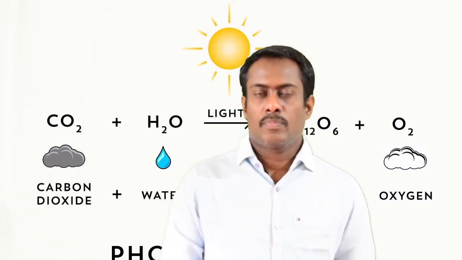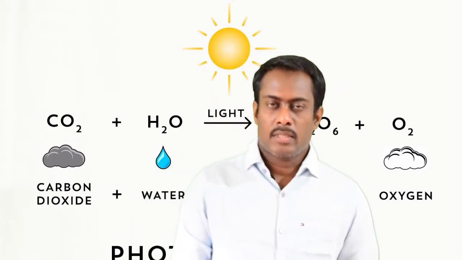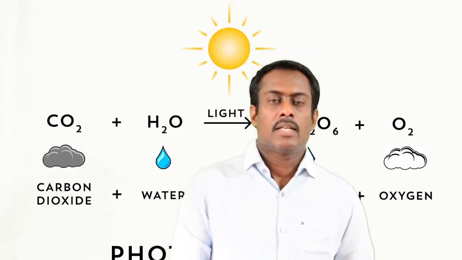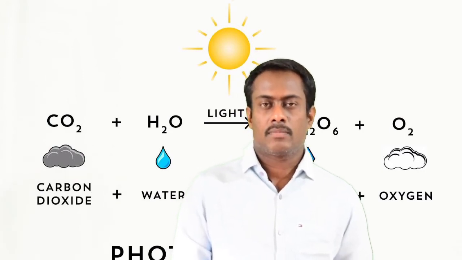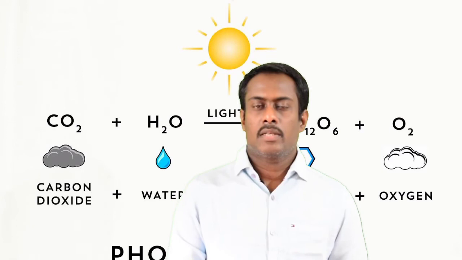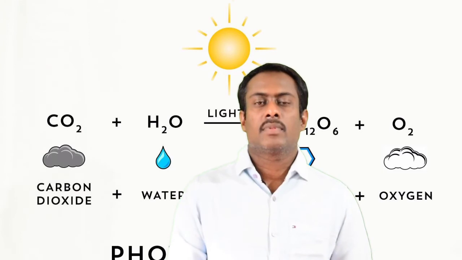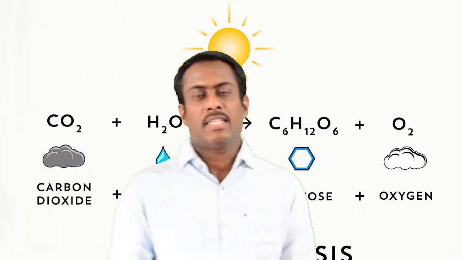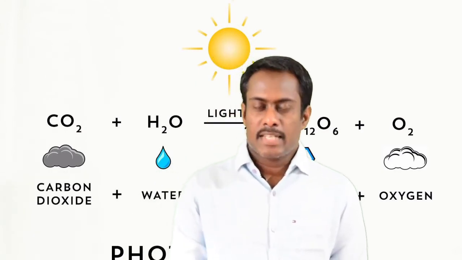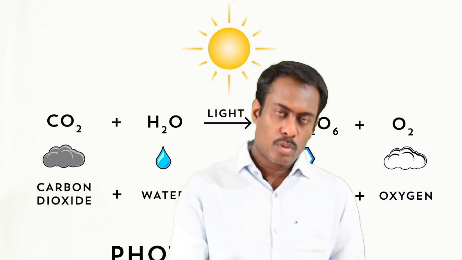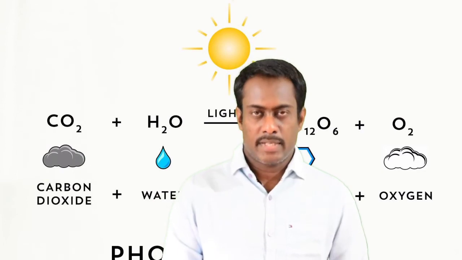The green plant uses carbon dioxide from the atmosphere, water and minerals from the soil, and sunlight. They synthesize their own food and store it in their cells. The energy molecules synthesized by the autotrophs are mainly in the form of carbohydrates.